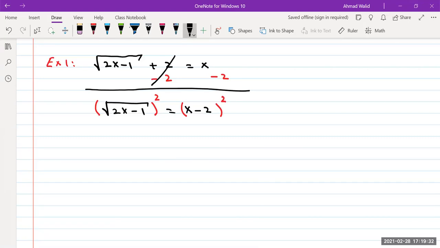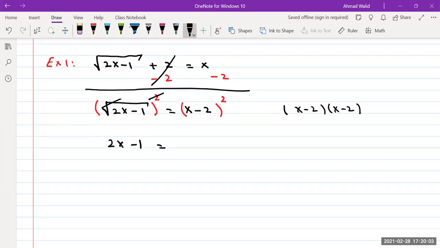Step 3, solve. You see here, the radical cancels out with the square. What you are left with is 2x minus 1 equals, on the right side, a minus b squared. If you don't remember the formula, actually you should have, but still you can do this: x minus 2 times x minus 2.